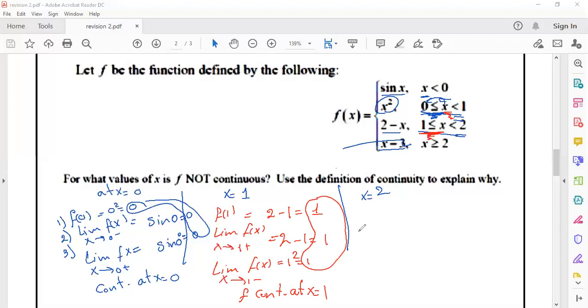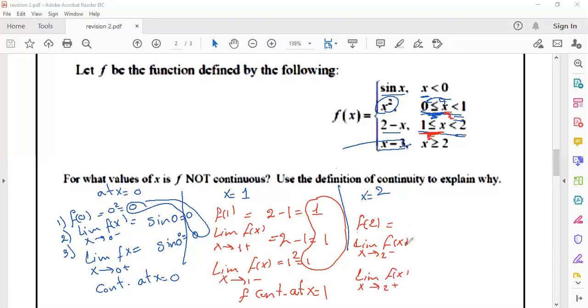But here we have to discuss the continuity at 2 for it to be continuous on all real numbers. If it does not satisfy all of the three conditions at 2, the function is not continuous at 2. F of 2, limit f of x when x approaches 2 from the left, and limit f of x when x approaches 2 from the right.